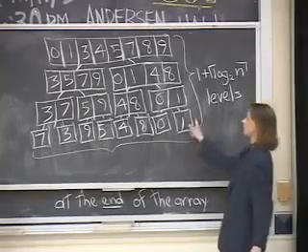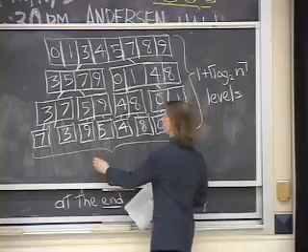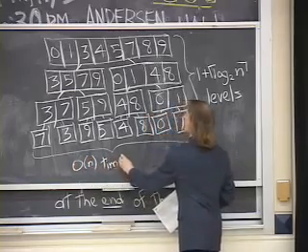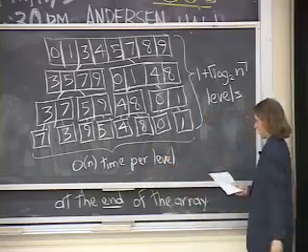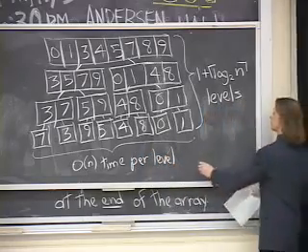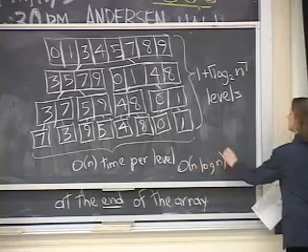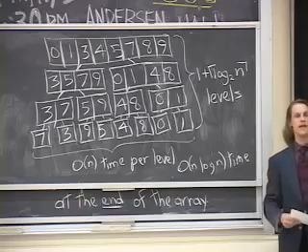At any one level, the sizes of all the lists together is n. So we do order n work, or order n running time per level. And therefore, merge sort runs in big O of n log n time overall. Any questions on that?